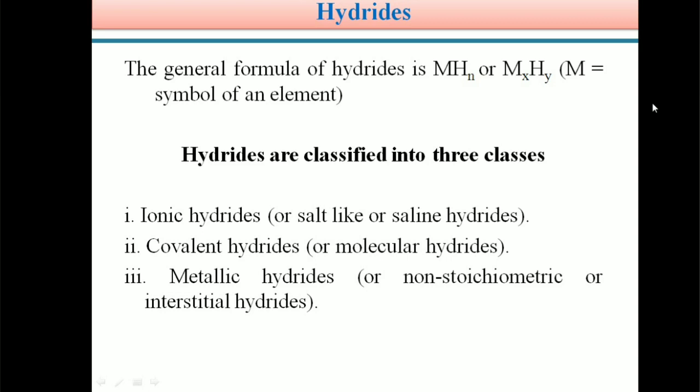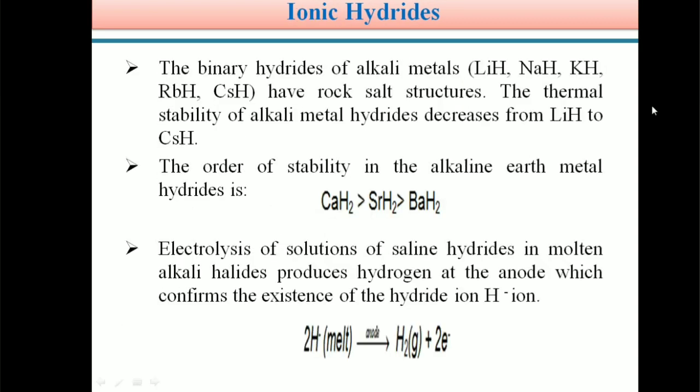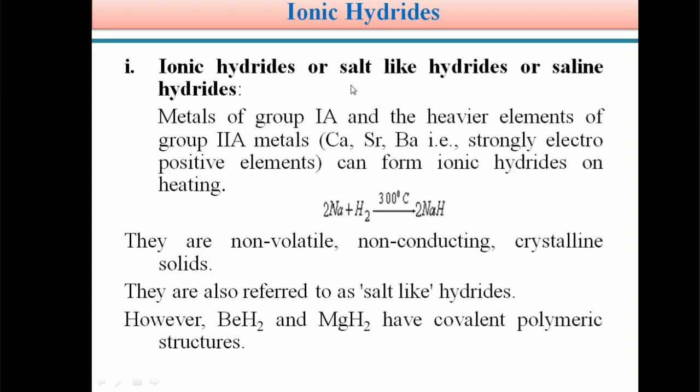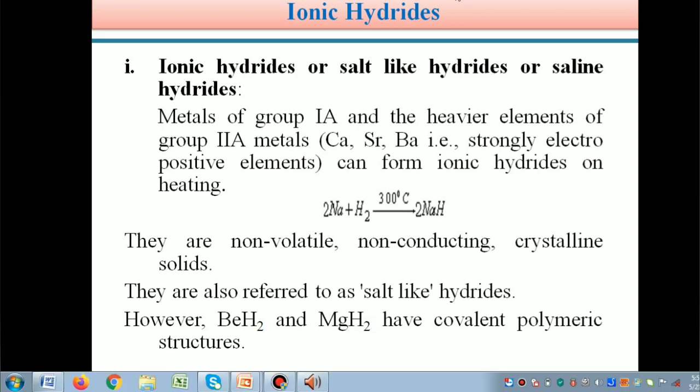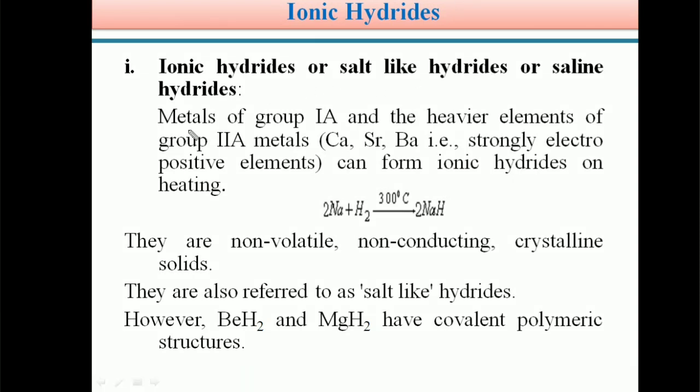First type is ionic hydrides. So students, ionic hydrides or salt-like hydrides or saline hydrides are formed whenever hydrogen combines with the metals of group 1A. So when 1A group metals combine with hydrogen, the hydrides formed are called ionic hydrides.